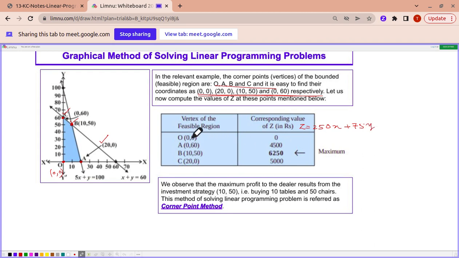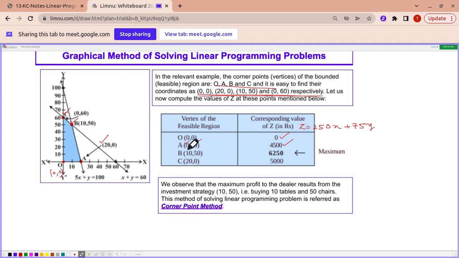When x equal to 0 and y equal to 0, the value of Z, that is 250x plus 75y, is 0 because both are 0. When x equal to 0 and y equal to 60, the value of Z is 250 into 0 plus 75 into 60, which becomes 4500.